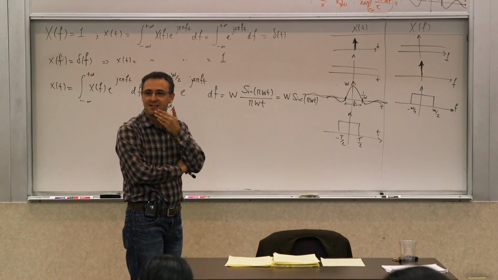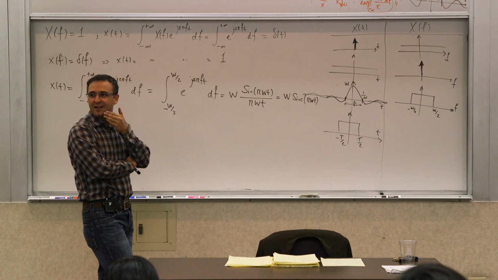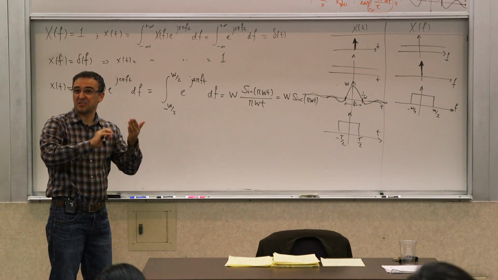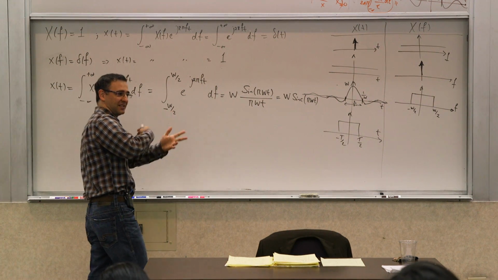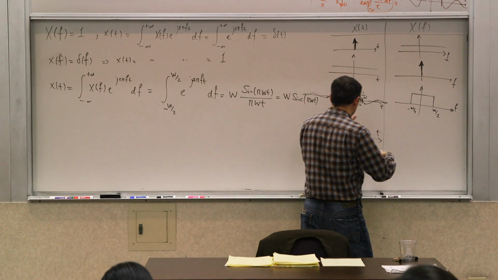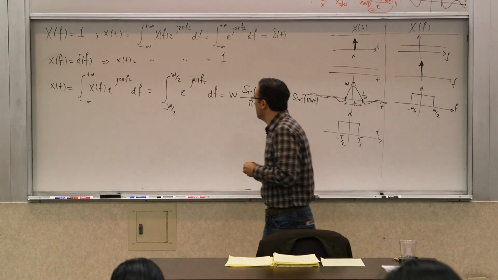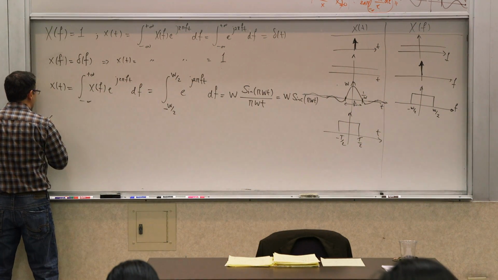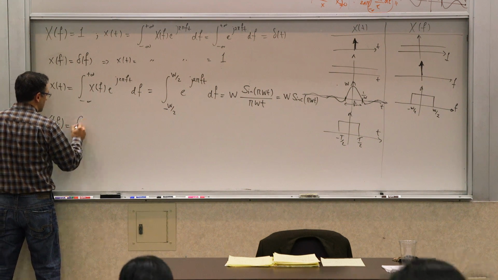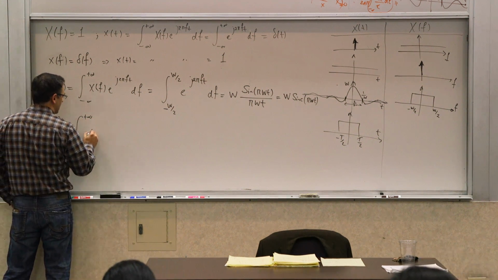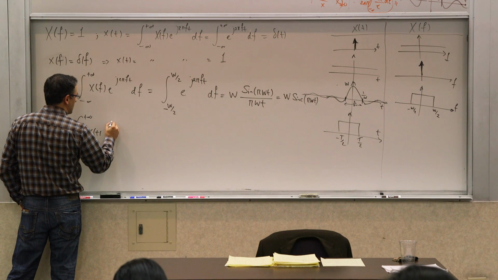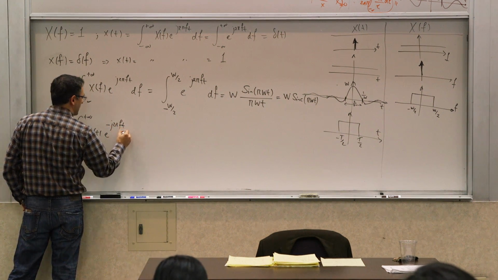The Sinc, right? Because you saw that the good thing about the Fourier transform is that its inverse is itself, essentially. Again, with that negative sign. But you can do the same thing. You can say, OK, I want to calculate X of f. So it's the integral from negative infinity to positive infinity of x of t e to the negative j2 pi ft dt.